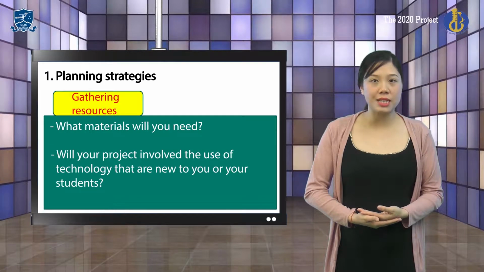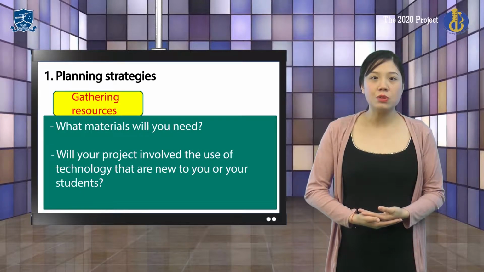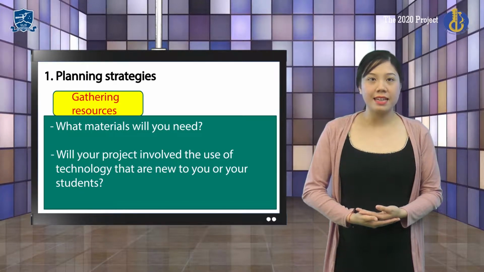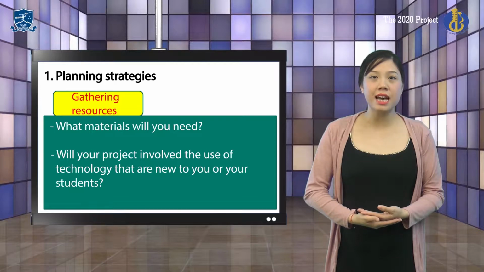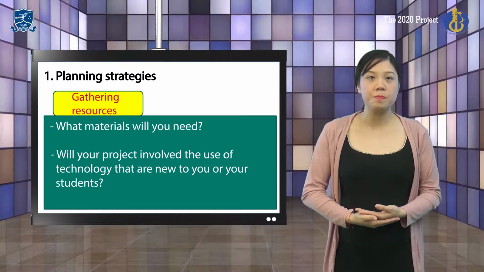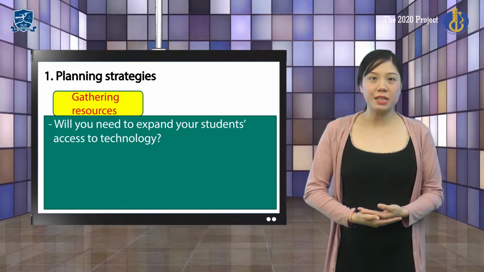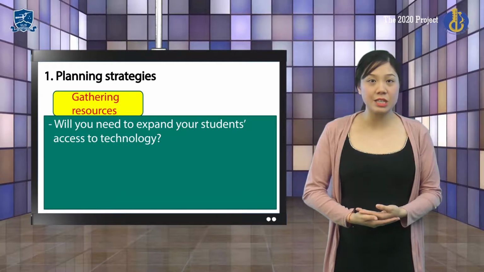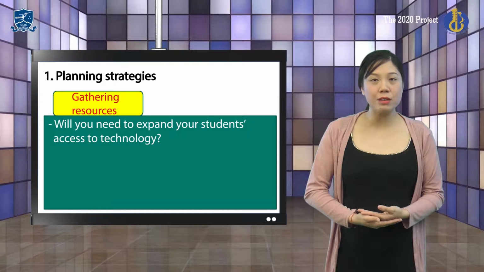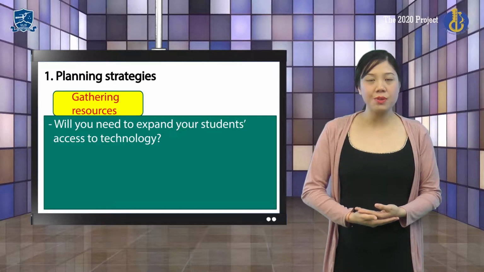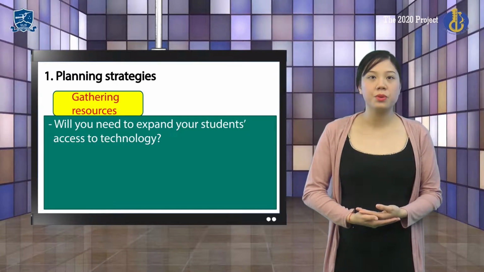Will your projects involve the use of technology that are new to you or your students? Plan for the introductions of unfamiliar tools. Will you need to expand your students' access to technology? Think creatively about how to make access more frequent and equitable.